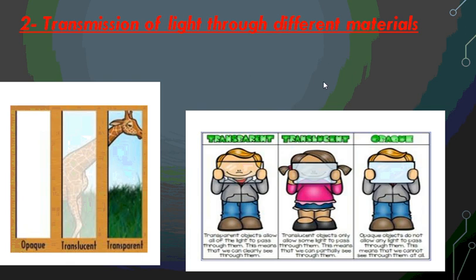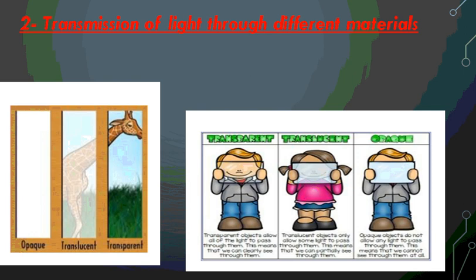When you put a semi-transparent tissue like butter paper on your face, we cannot clearly see our face like this picture, because this paper acts as translucent material that can transmit some of the light, and the other light is scattered.